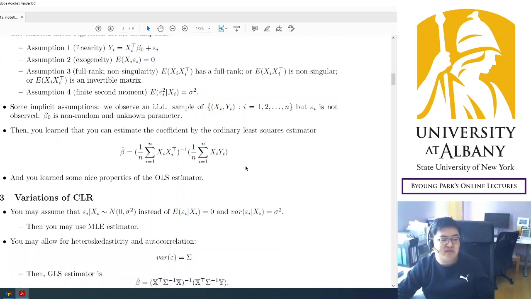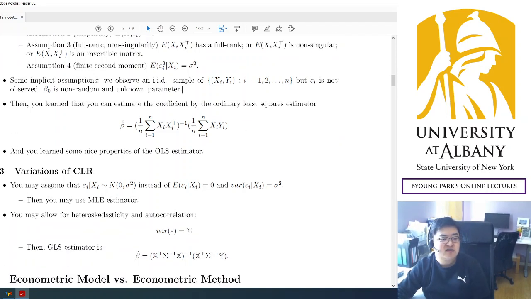And let me mention some variations. First, you may assume that the distribution of epsilon is normal, which is actually much stronger than my assumption. So the distribution of epsilon given x is normally distributed with mean zero, variance sigma squared.